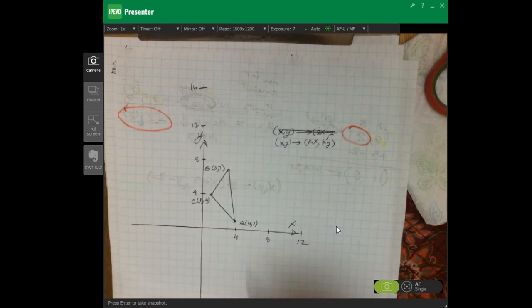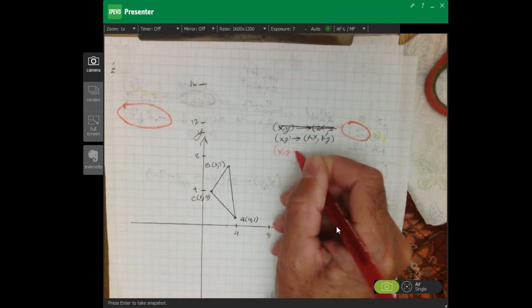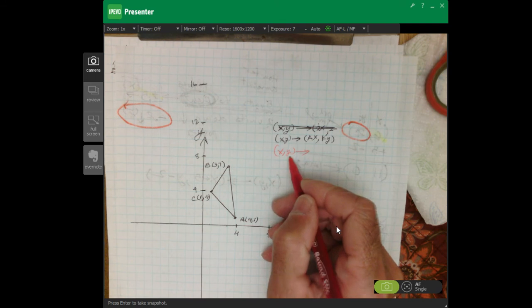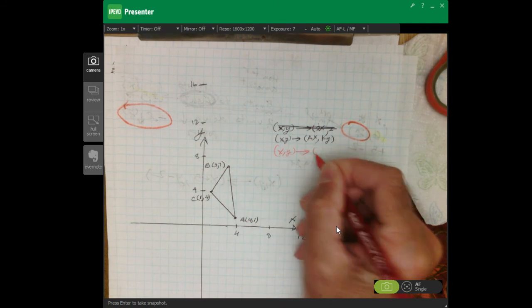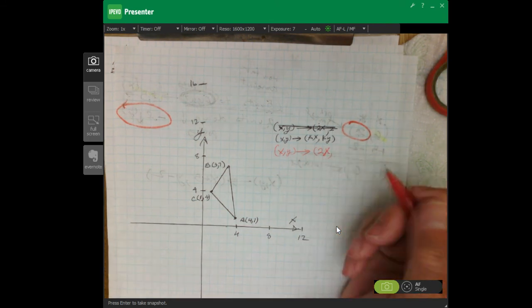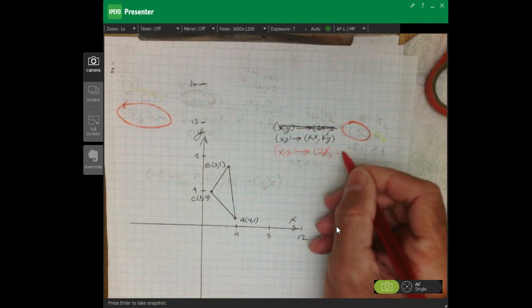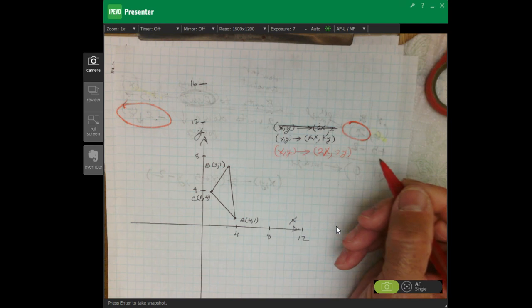So the way we actually go about performing the dilation is like this. Let's say we use this rule, x comma y. So this is our pre-image. For our image, let's go ahead and use 2 as our coefficient of dilation. So we're going to multiply both the x and the y by 2.